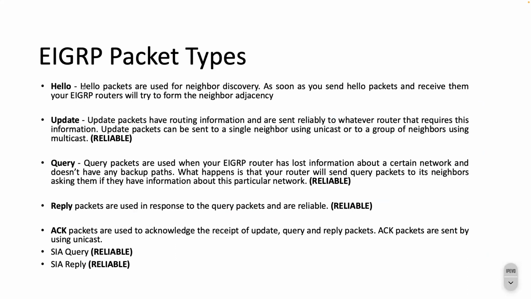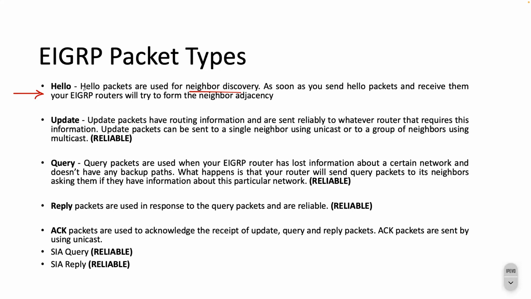So these are some of the EIGRP packet types. Hello packets: we use hello packets to form neighborship and to discover our neighbors. At what IP address are these hello packets sent? Are they unicast or multicast?